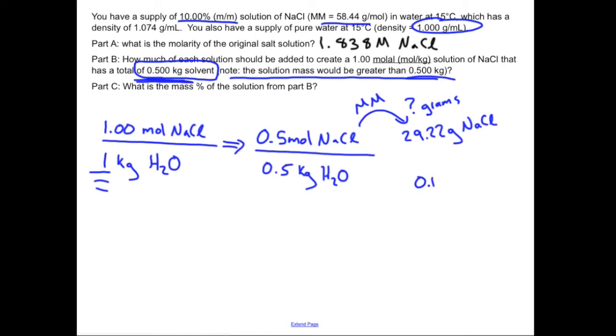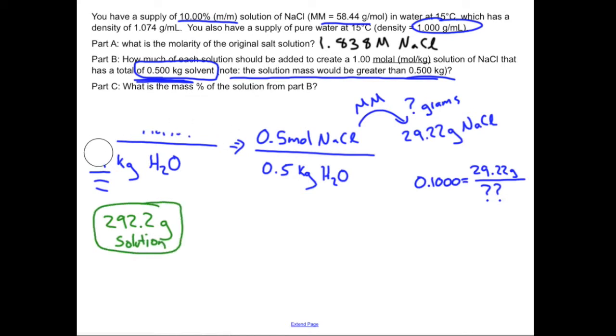Well, that's where I can use that mass per mass idea. So 29.22 grams of the solute. And how many grams of solution do I need? That's pretty simple math. I just have to move the decimal place. I need 292.2 grams of the solution.